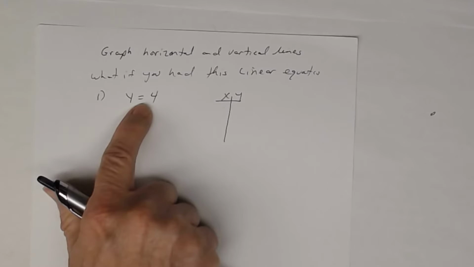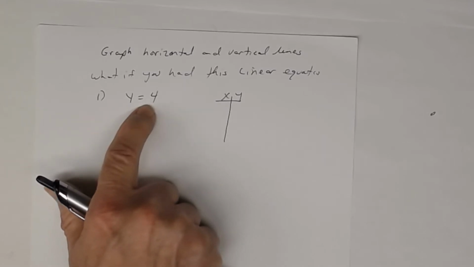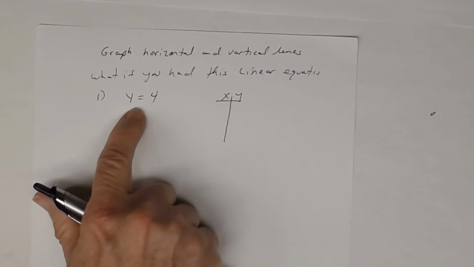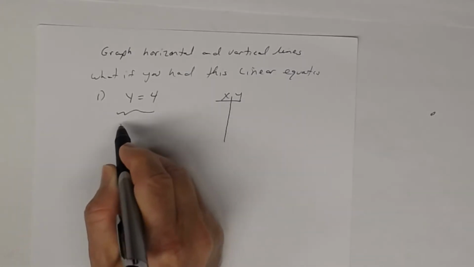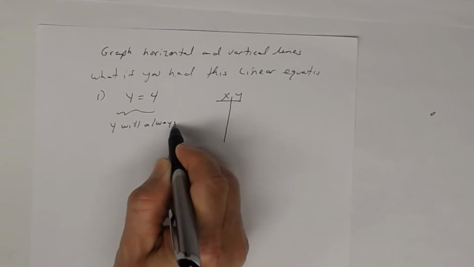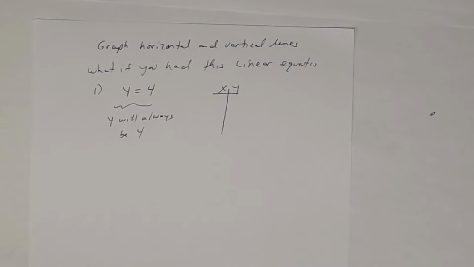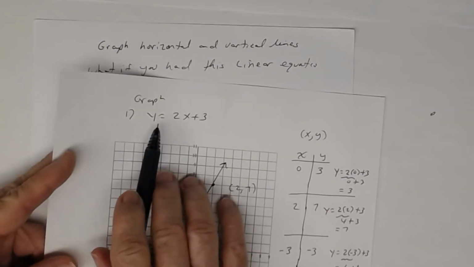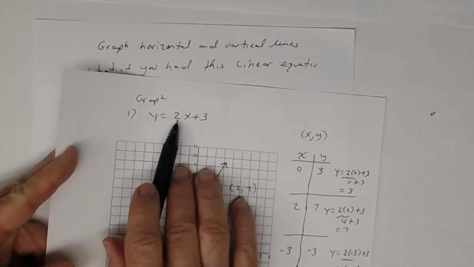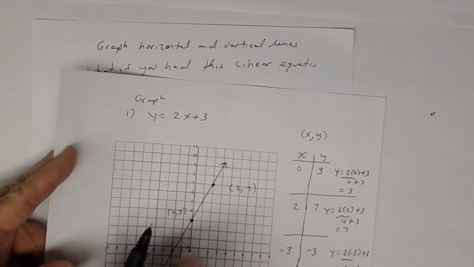Here, though, there's no x. So this says that y has to equal 4, meaning y will always be 4.